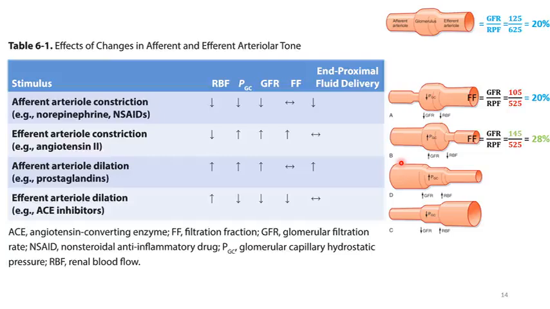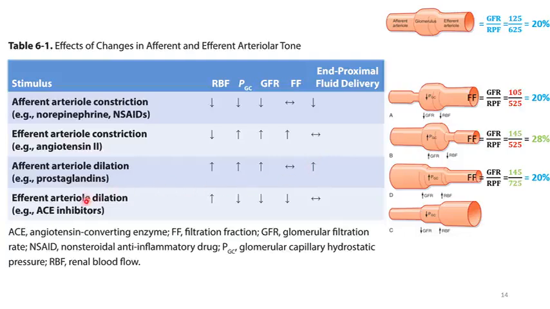And by dilation of the afferent arteriole, it is predictable that renal blood flow will increase, hydrostatic pressure at the level of the glomerular capillary will increase, and following that GFR will increase. Again, because both GFR and RPF are increased, the filtration fraction will remain the same. But again, because a high level of plasma is filtered, the amount of fluid that reaches the end of the proximal tubule will increase.